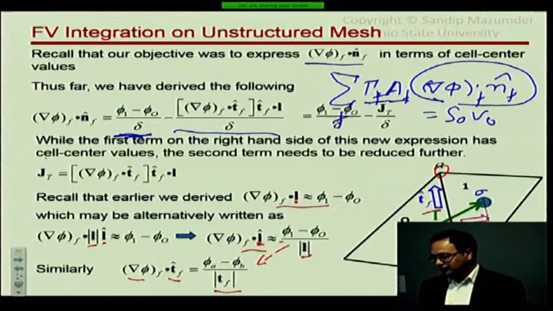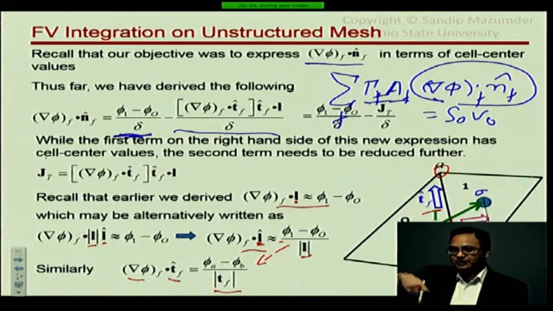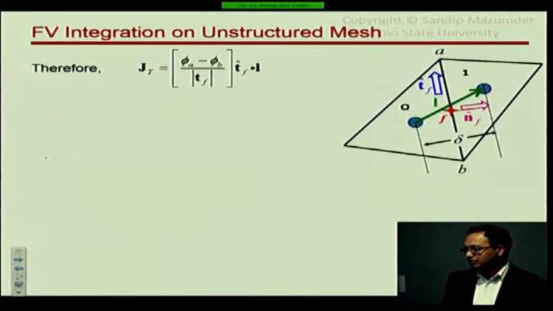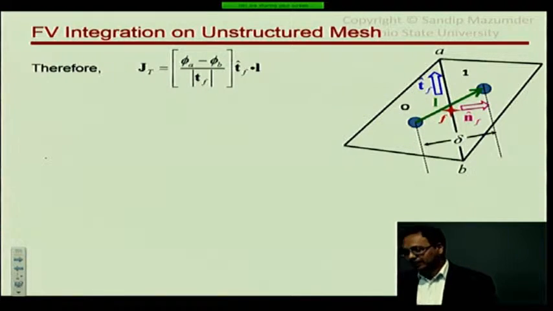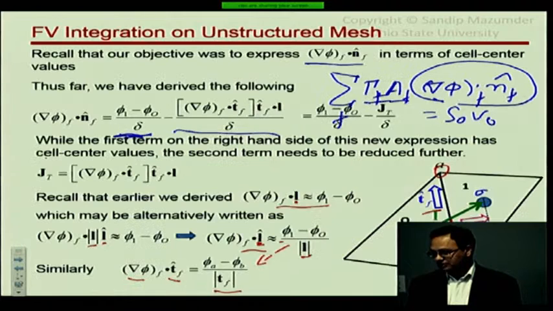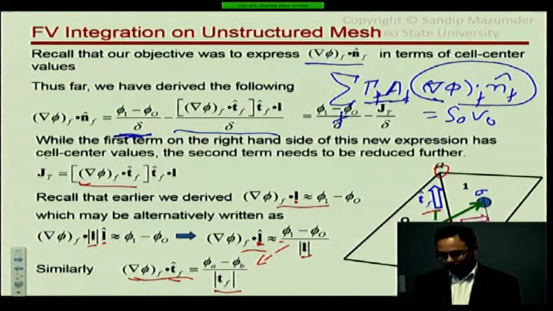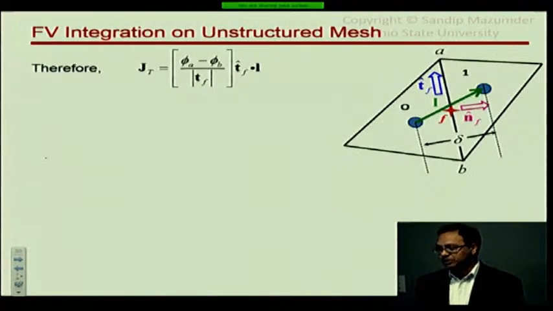Everybody follow that? It's like a finite difference type of formula, as you can see. It's just saying that value minus this value divided by the length. That's what that quantity comes out to be. So therefore my JT becomes that. I'm just substituting this expression in here. So that's my JT.